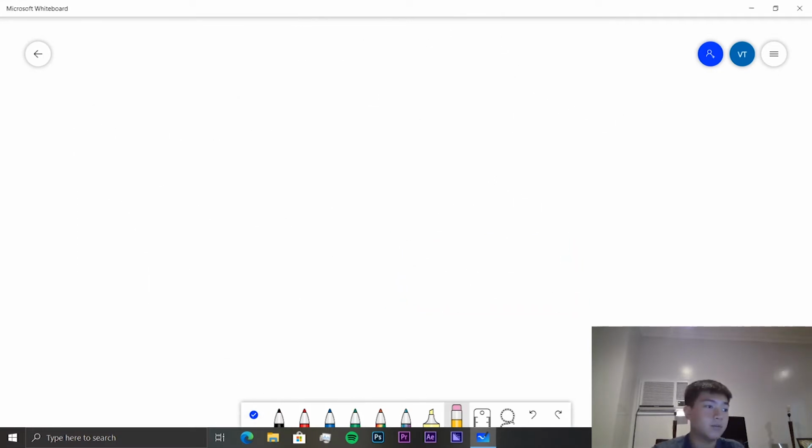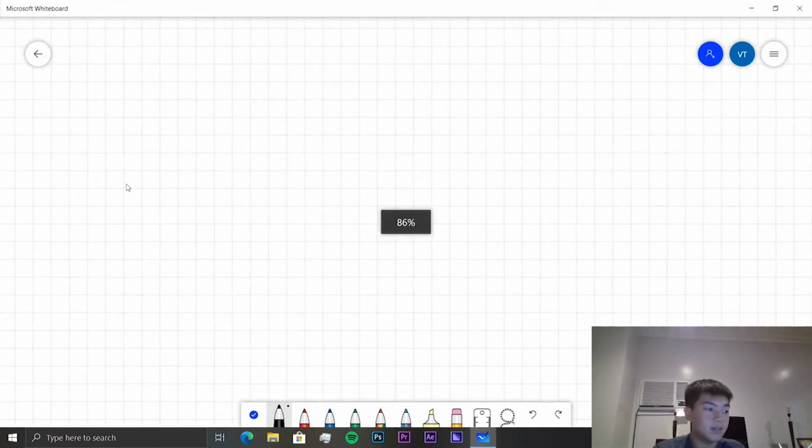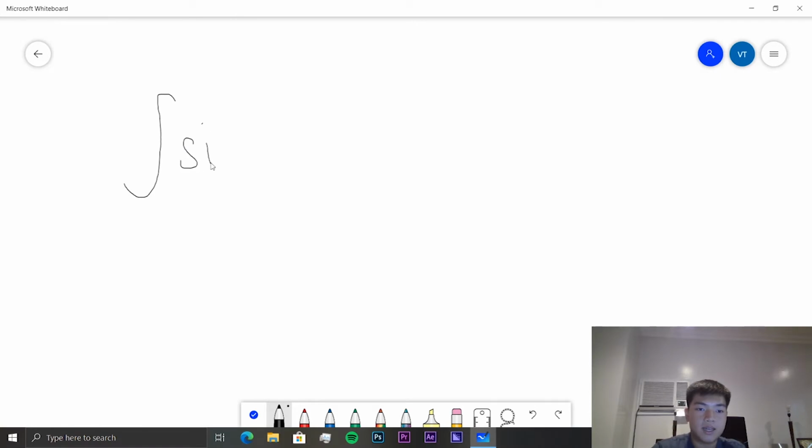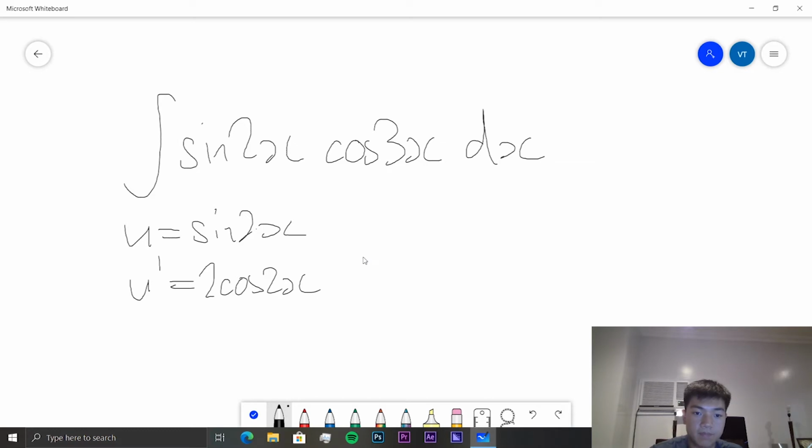So for the third one, we have the expression sine 2x cosine 3x dx. So let's find this one. I'll say u is equal to sine 2x, u prime is equal to 2 cosine 2x, v prime is equal to cosine 3x, and v is equal to 1/3 sine 3x.